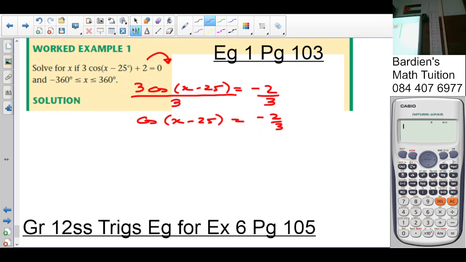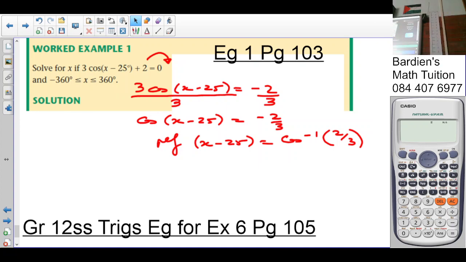So what do we normally do at this point? We find our reference angle, not so. So we say reference angle x minus 25 is equal to shift cos of 2 over 3. Although it is negative, I drop the negative here.